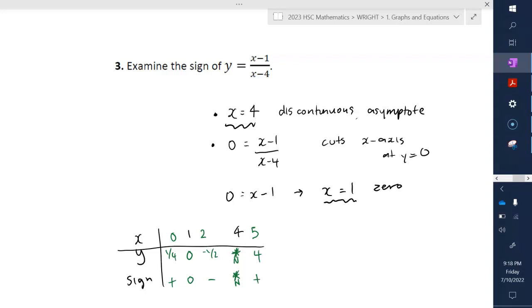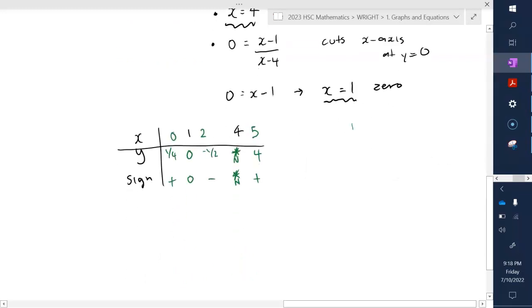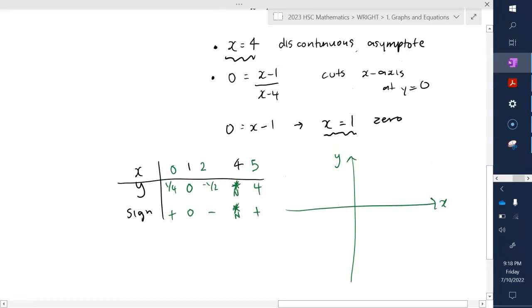Let's see if we can draw it. Pop a little axis over here. I like to put my x's and y's on. What do we know? We know there's an asymptote at x equals 4, and we know there's a 0 at x equals 1.